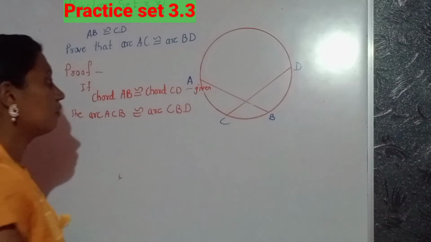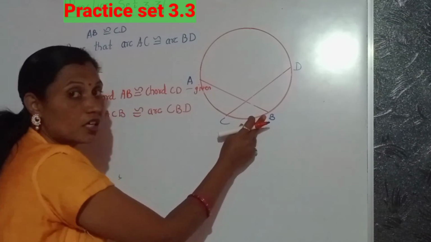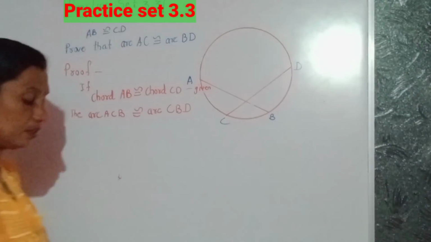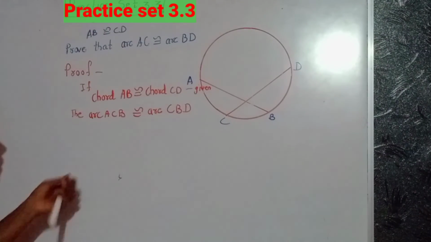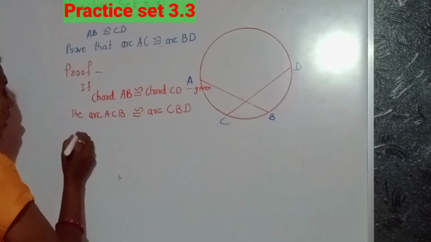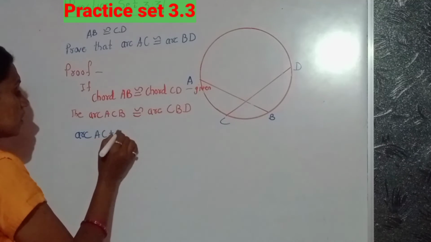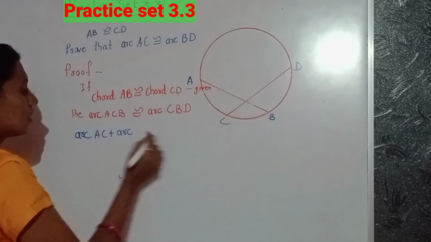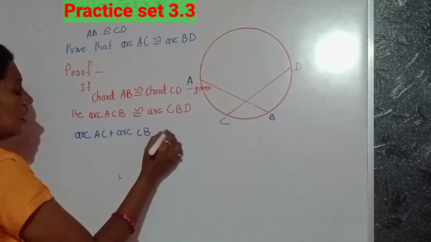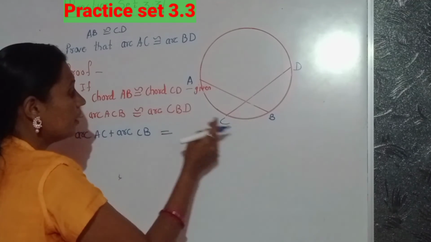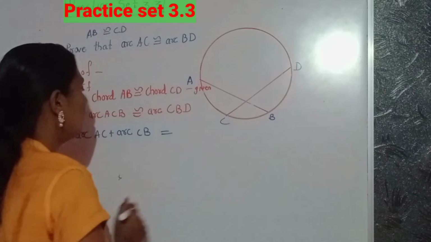Now see carefully. Arc ACB is made by the addition of arc AC plus arc CB. I am writing arc ACB as arc AC plus arc CB, and I am writing an equal sign. See here, arc CBD means CB plus BD.